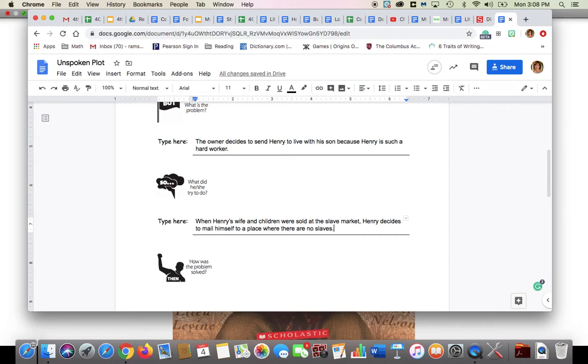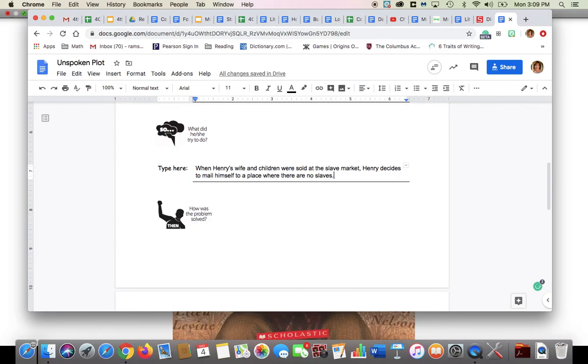I'm not going to get into the detail of how he did this. All I'm just saying is, what did he try to do? And what he tried to do was mail himself in a crate. So it's very simple just in this plot. I'm not giving all the detail.